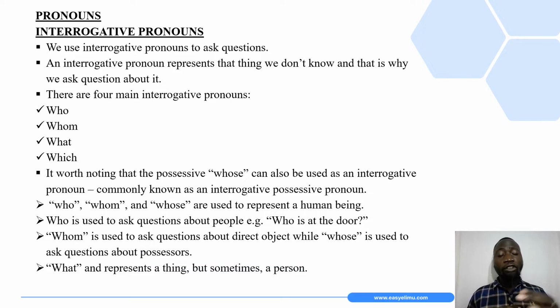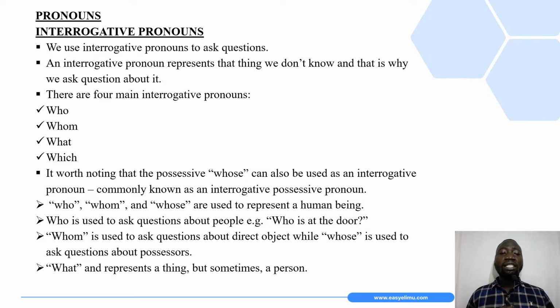So remember, when we talk about a pronoun, we are talking about words that are used instead of nouns. Examples of pronouns are he, she, me, and so on. But interrogative pronouns are different from some of the personal pronouns that I have just mentioned, that is he, she, her, and so on.